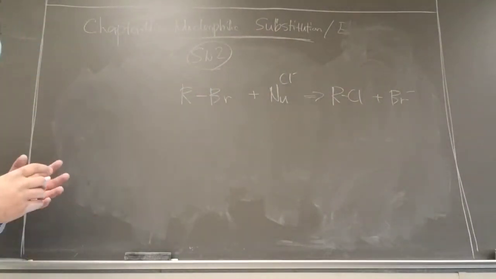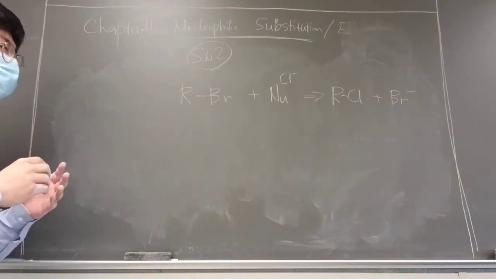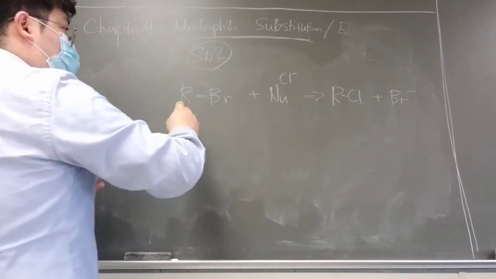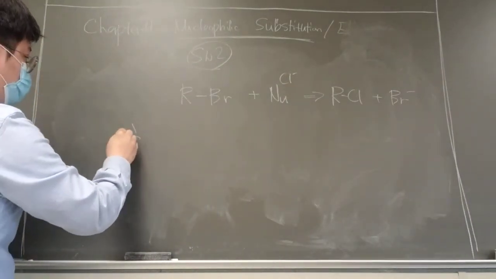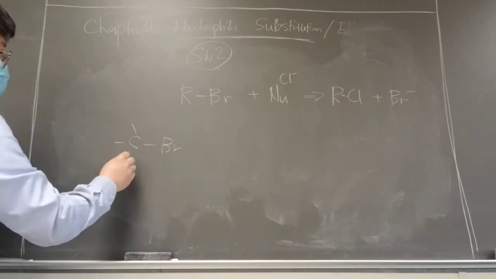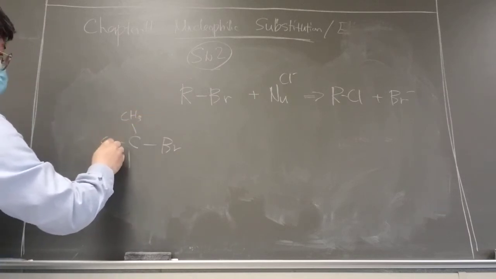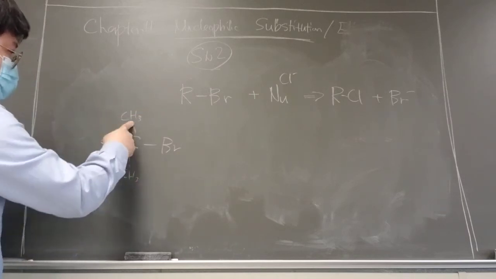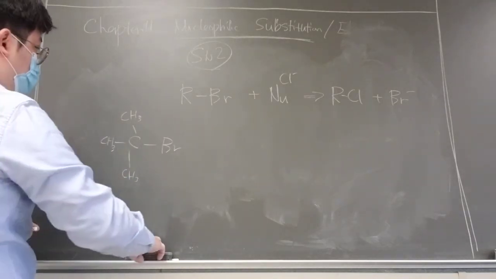Scientists try to examine how it will change if it's really coming onto the backside. What I mean by that is, if you have a halogen group like bromine over here, but this carbon is filled with all R groups, like all three methyl groups over here, which is quite bulky, right?